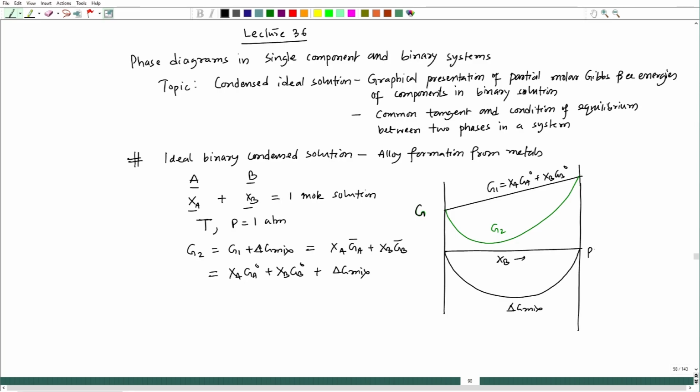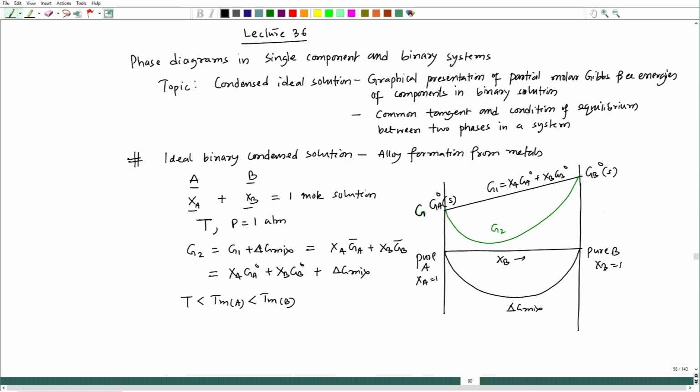And this side is pure B and this side is pure A. So, XA equal to 1 and this is XB equal to 1. Now, this is GA naught, this is GB naught. If we consider a temperature T less than TMA less than TMB, then this too will be considered as for solid, and this is also for solid.